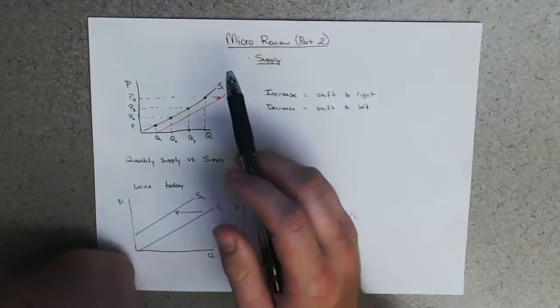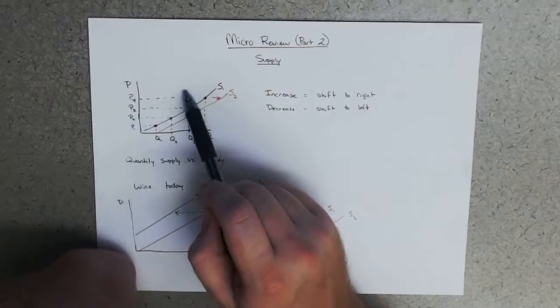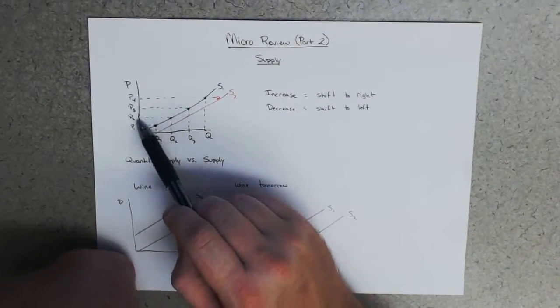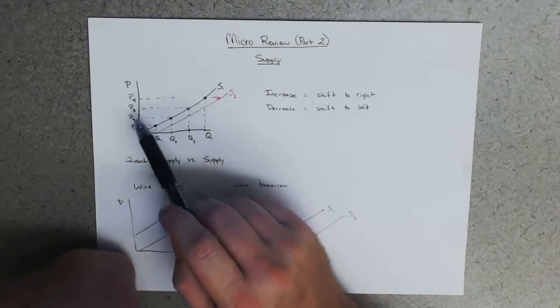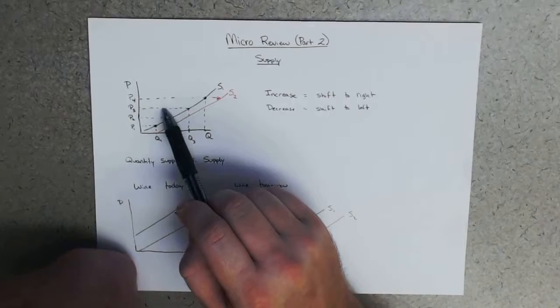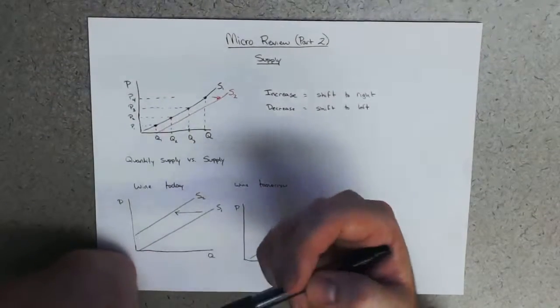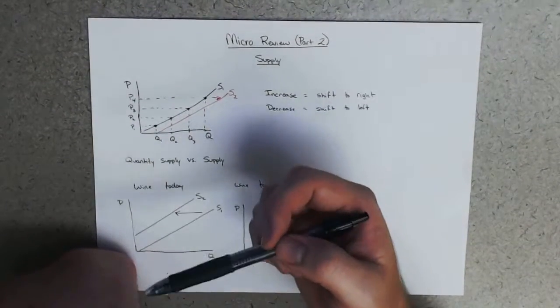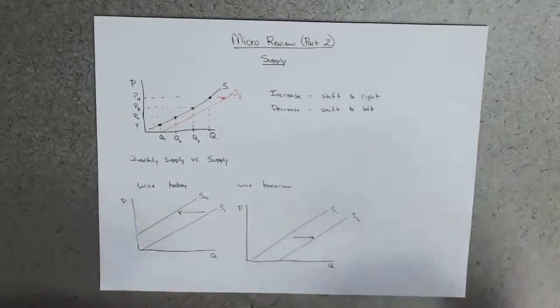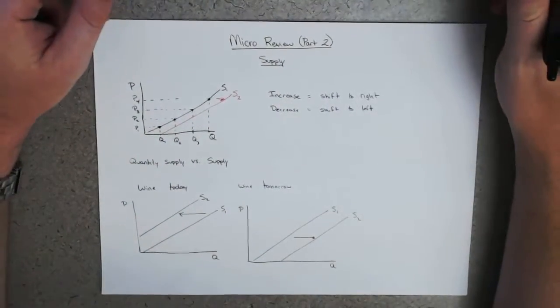The only way that can happen is if I shift the supply curve to the left. So the supply of corn in that scenario is going to decrease because now I am less willing to grow corn, and the reason why is because the price of soybeans has risen.